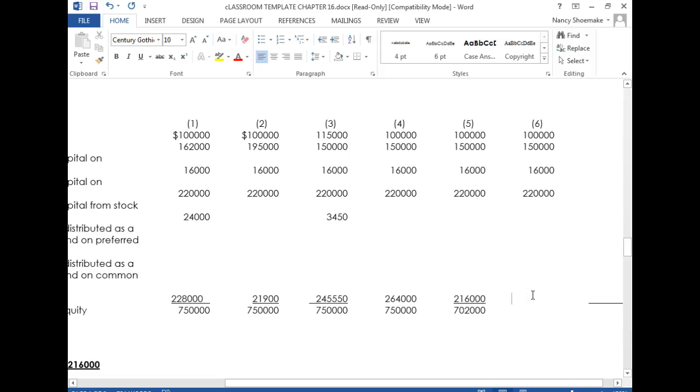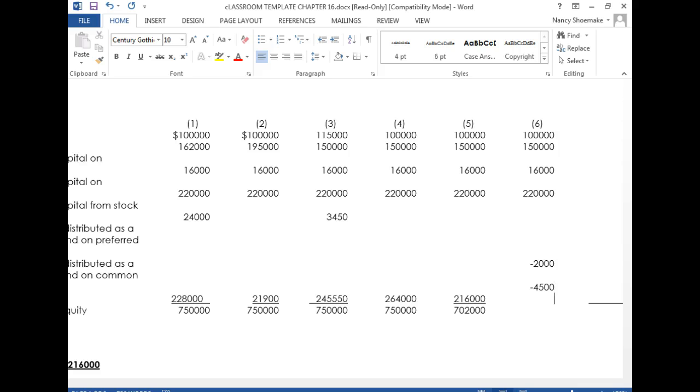And what's going to happen with number 6? How much is that going to change to? The liquidating dividend was minus 2,000, right? Minus 2,000, and the contributed capital, the liquidating dividend on common stock, was minus 4,500.